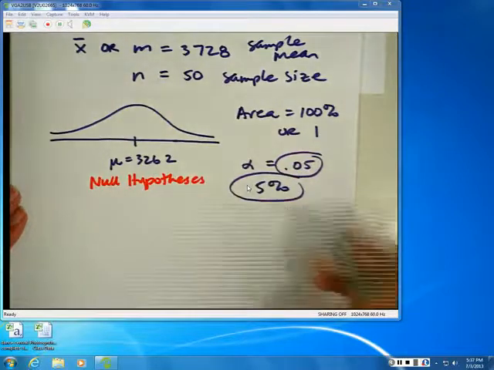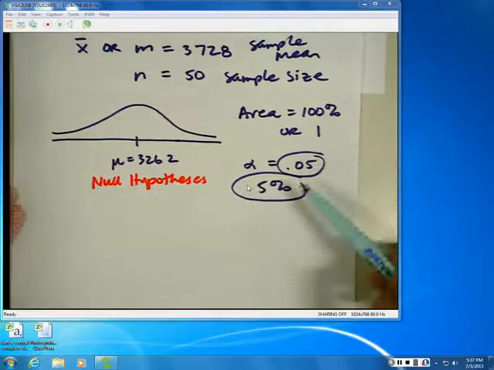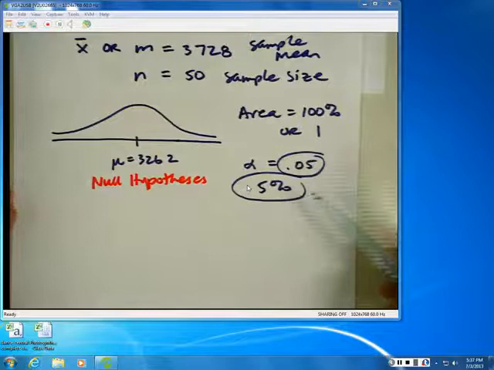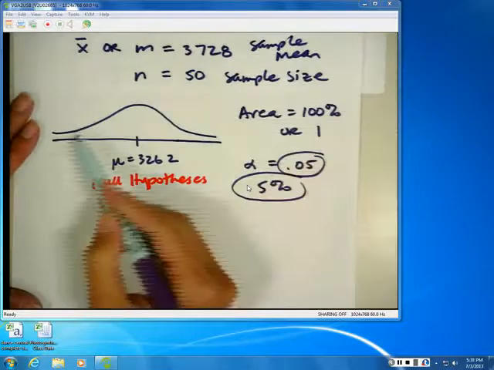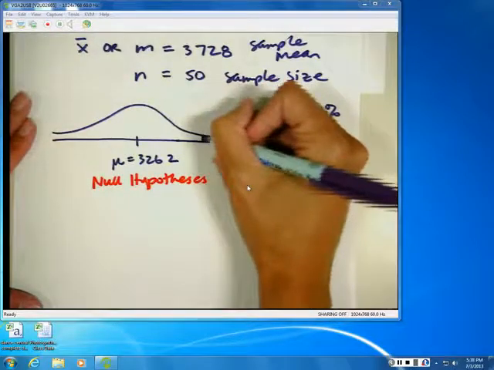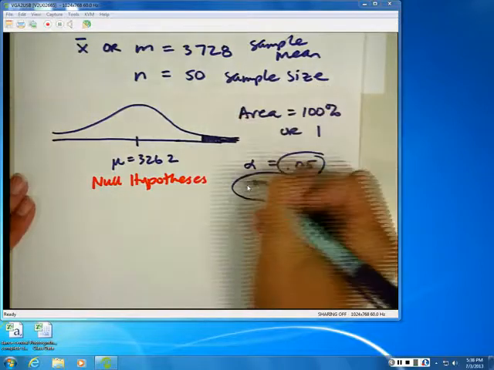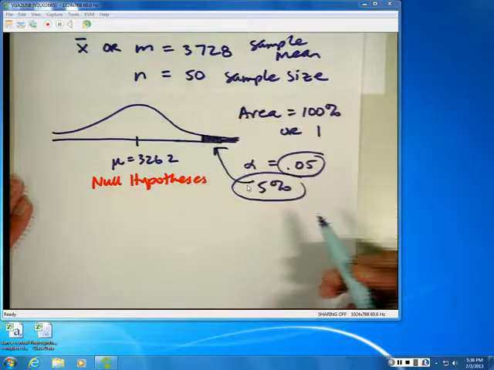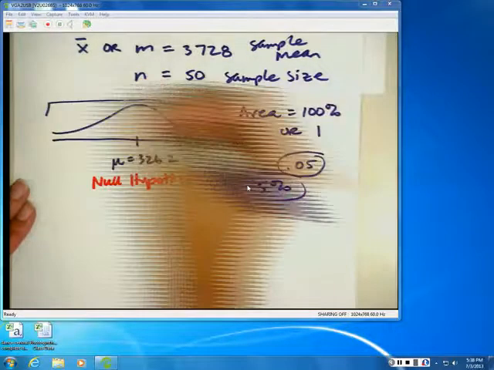And this is set somewhat randomly, so these are all set by the problems that you see in the textbook or in Connect Math, so they're all set up for you. So if this is 100%, I'm going to put my significance level, what would look like 5%? Maybe this much? And it always fits into a tail, so it fills in that tail. So this is 5% of the area. The rest of it then would be 95%.